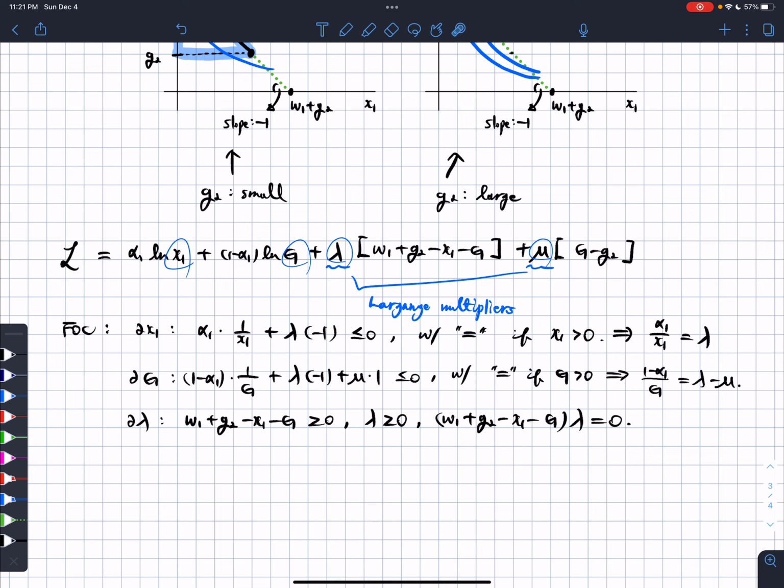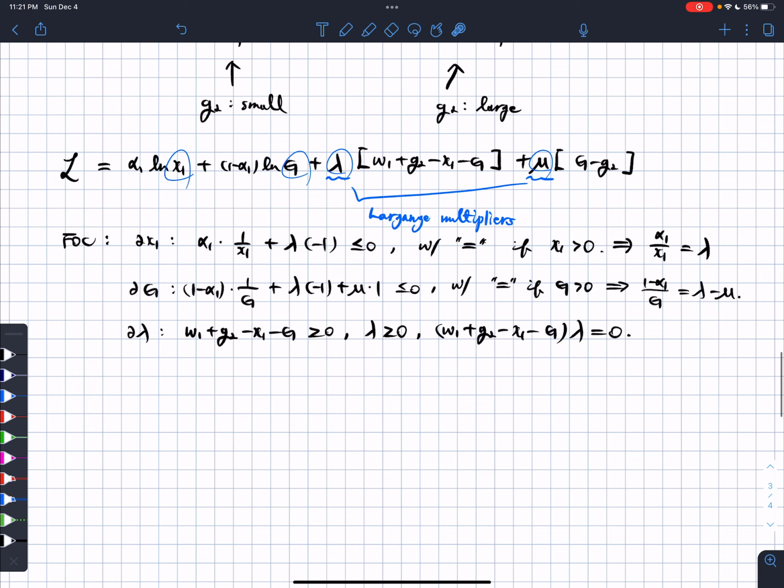Remember that this is the complementary slackness condition, and it means that whenever lambda is positive, the constraint should hold with equality, right? So one of the two things should be 0. And now with respect to mu, I have big G minus G2 larger than or equal to 0. The multiplier should be non-negative, and the product of these two guys should be equal to 0.